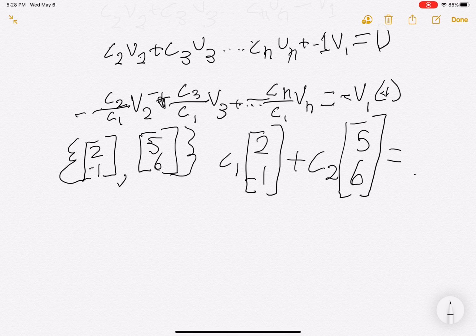That's equal to 0. So if both of these values, c1 and c2, are 0, then that means this set of two vectors is independent. If one of these is like 1, for example, then that means it's dependent.